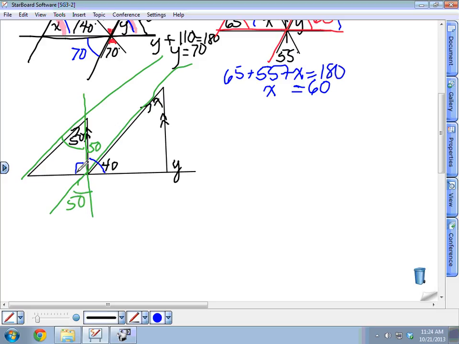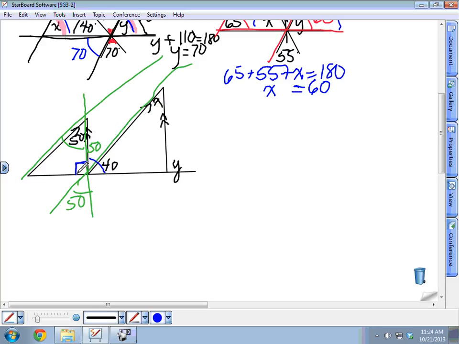We have this 90-degree angle here anyway. Let's talk about some other angles that we have. We have this pair of parallel lines.